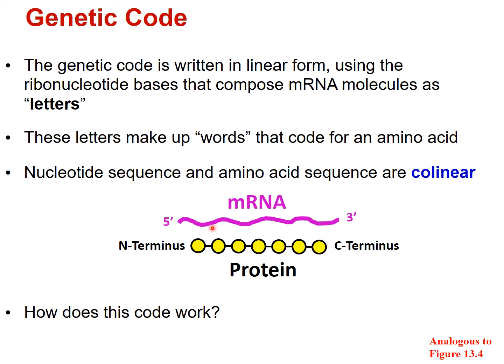So the nucleotide sequence and amino acid sequence are considered collinear. There's a relationship between the sequence of the nucleotides in the messenger RNA and the sequence of the amino acids in the protein.